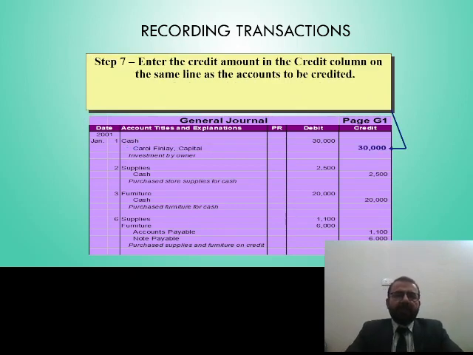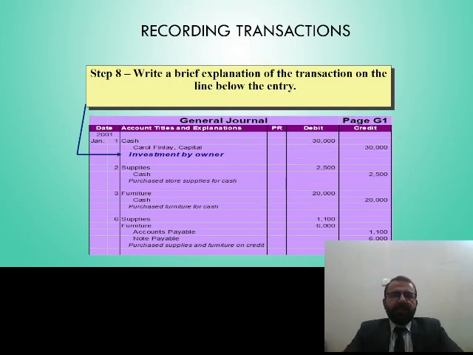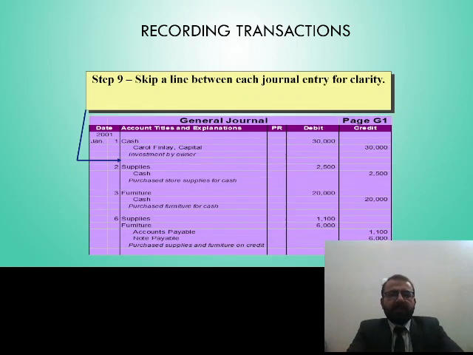Step 5. Enter the credit amount in the credit column on the same line as the account to be credited. Step 6. Write a brief explanation of the transaction on the line below the entry. Step 7. Skip a line between each journal entry for clarity.